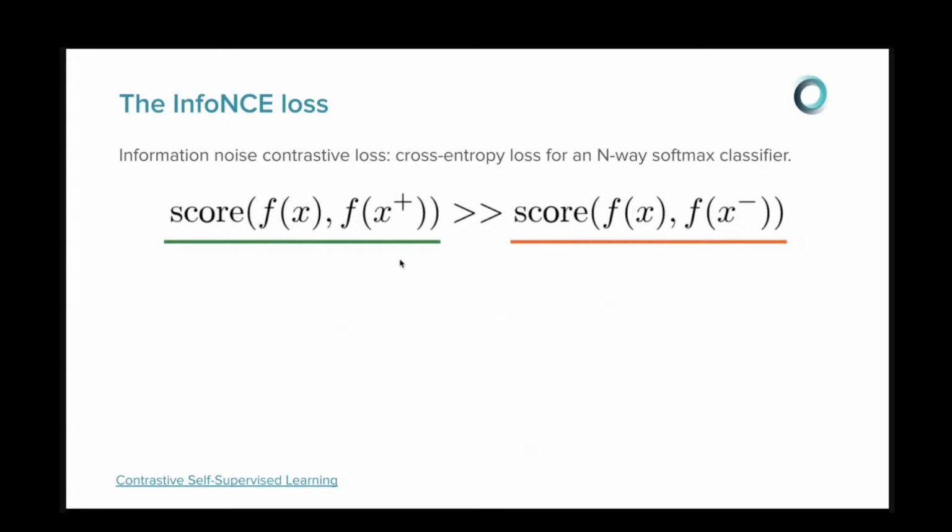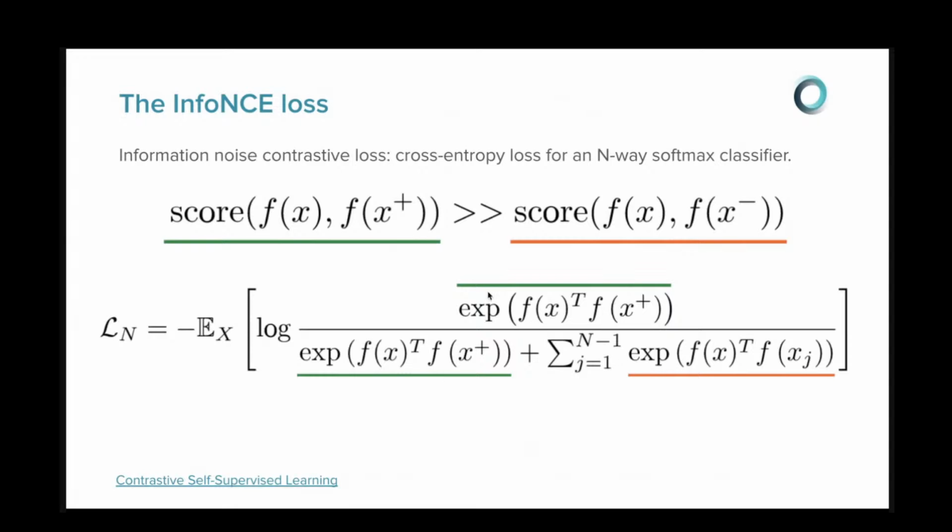So this is our contrastive task: a very high score for similar images based on the same image, and a very low score for images that are from a different base image. This function is then captured in a softmax setup, and we want to increase that and decrease the orange part.